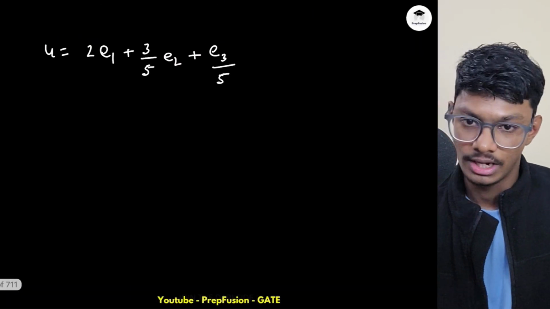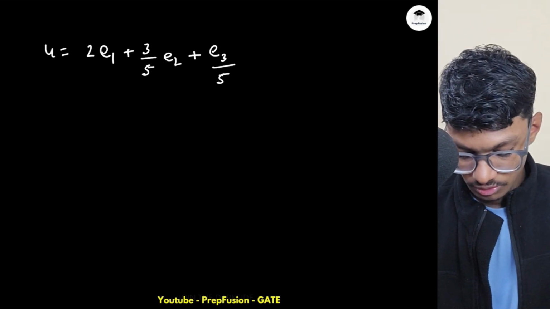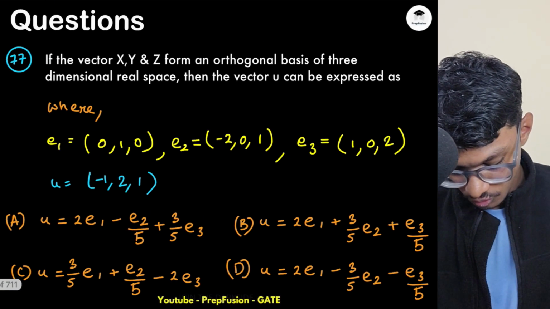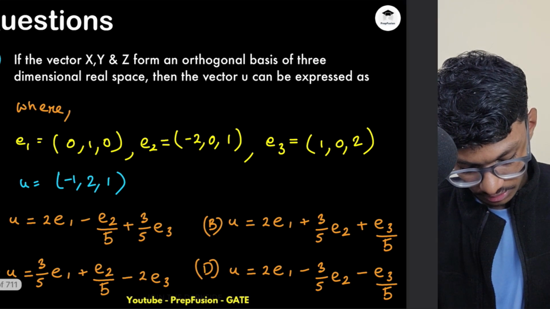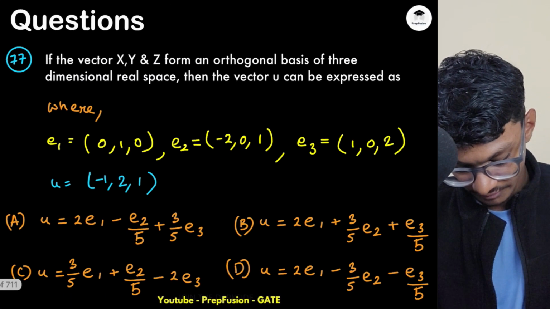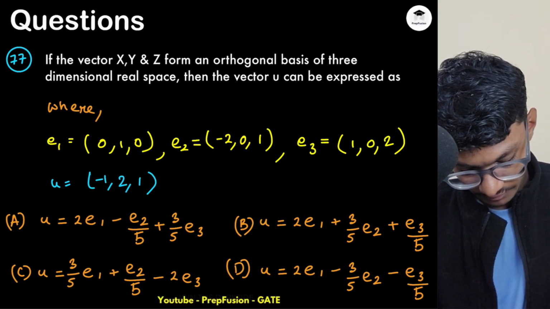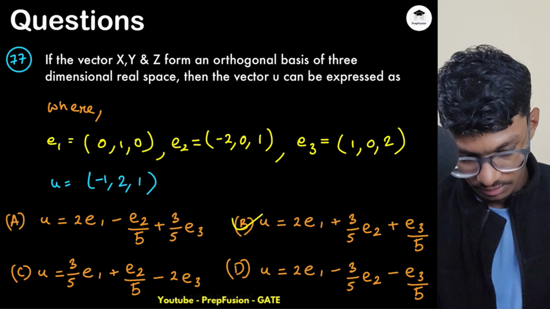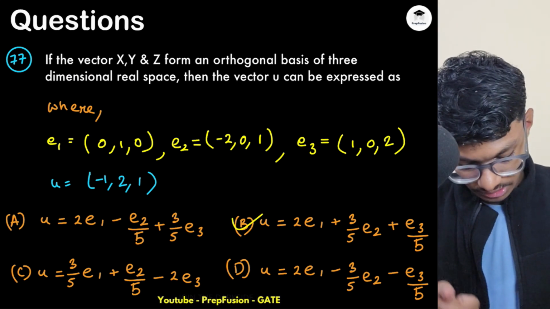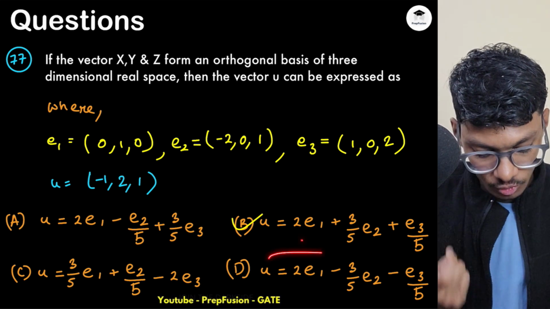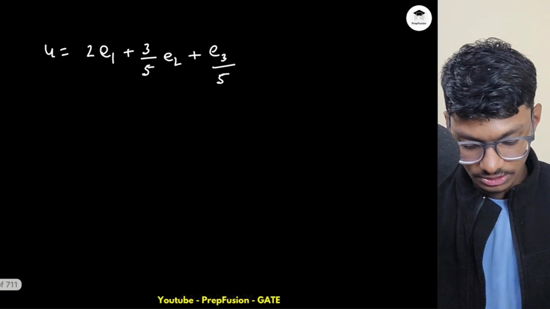So this is my alpha 1, alpha 2 and alpha 3, right? So where are the options matching? 2, 3 by 5 and 1 by 5. Option B is matching, right? Basically all of them are positive, and this is 2, 3 by 5 and 1 by 5. So yeah, this is the case.